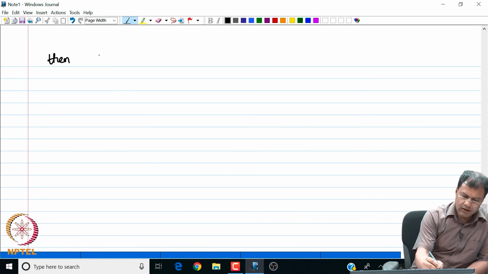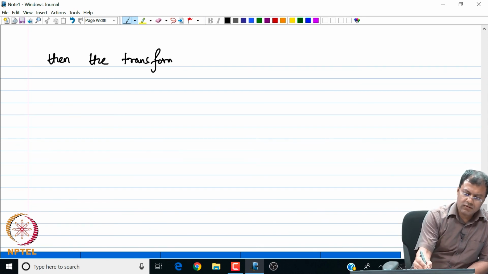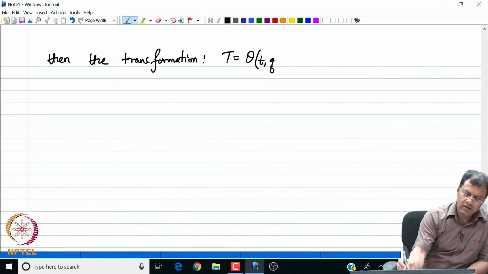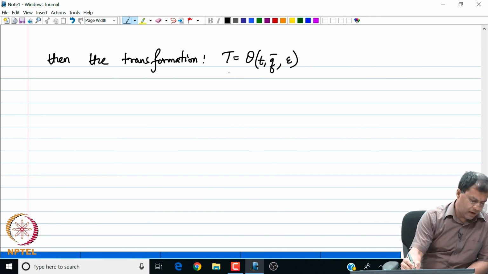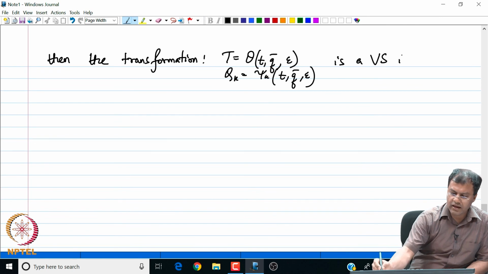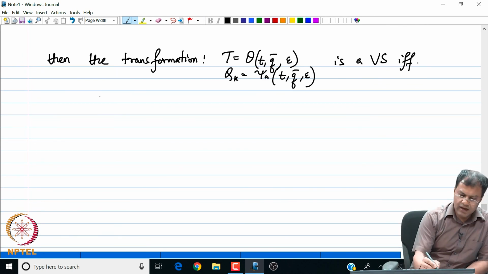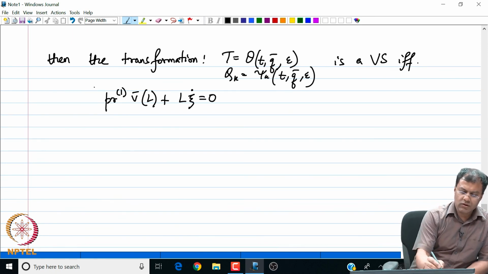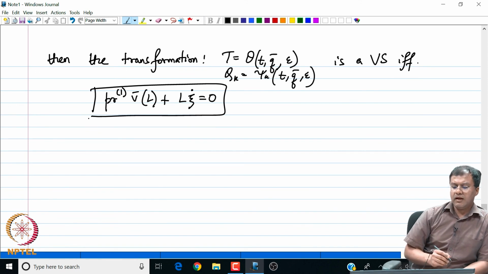Then the result says the transformation t-bar, which is given by theta of t comma q bar comma epsilon, and q k-bar, which is psi k of t comma q bar comma epsilon, is a variational symmetry if and only if the prolongation operator PR1 of VL plus L times xi dot is equal to 0.